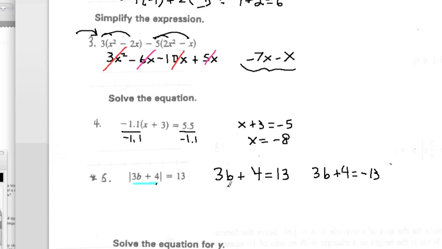Oh, and I should definitely put an or here because it's one case or the other. Over here we get b is equal to 9/3 or 3.